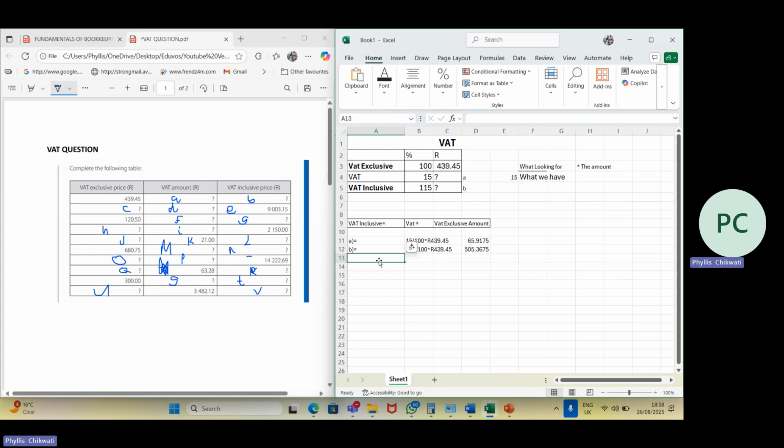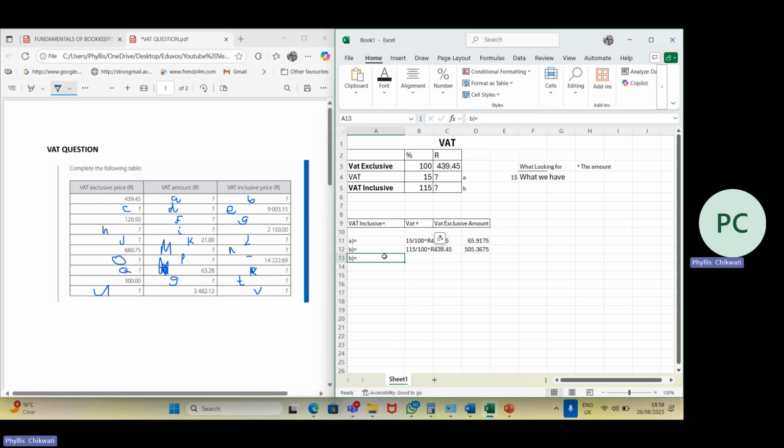And then for the VAT inclusive amount, it will be 505.36. There is also another alternative for getting B. Remember, we said your VAT inclusive amount should be calculated as follows: your VAT portion plus your VAT exclusive amount.